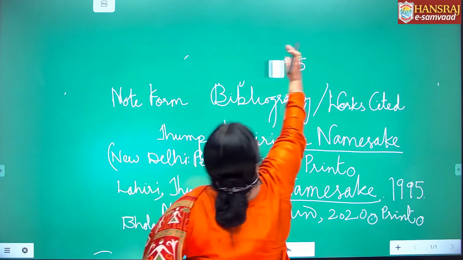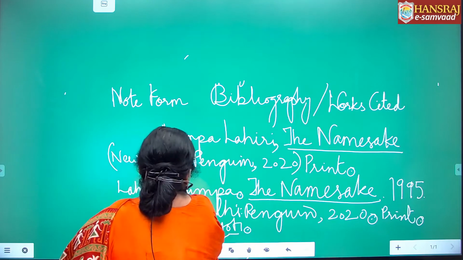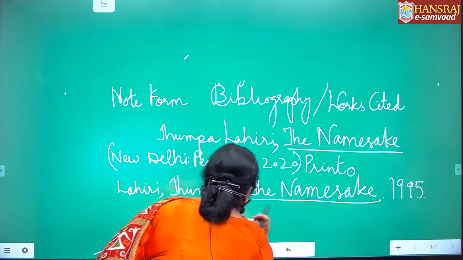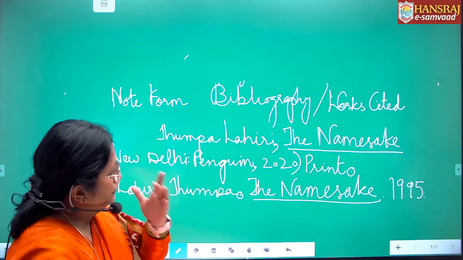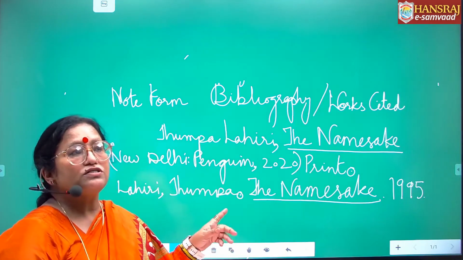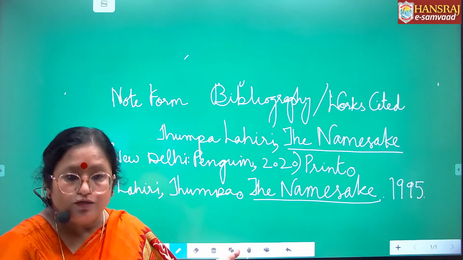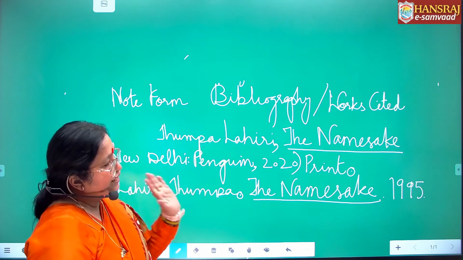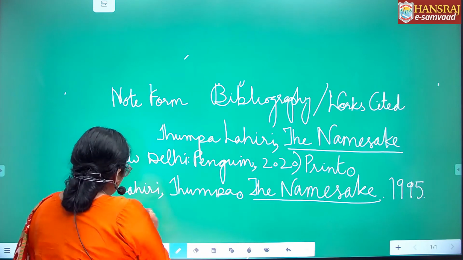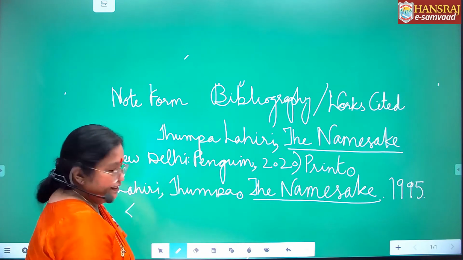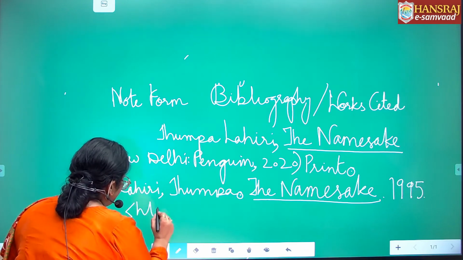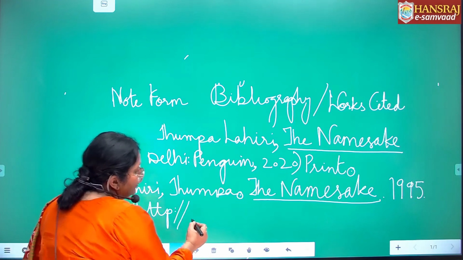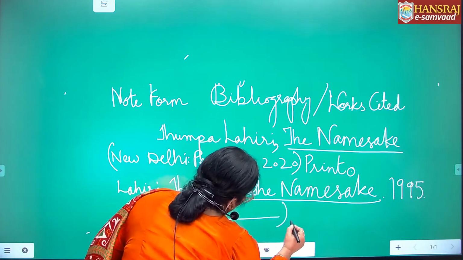Now, suppose this was from a website. Books are available on websites also. So for web, the entry will be like this only, but then we will add angle brackets and we will say http, slash, and then we will give the URL and close it.